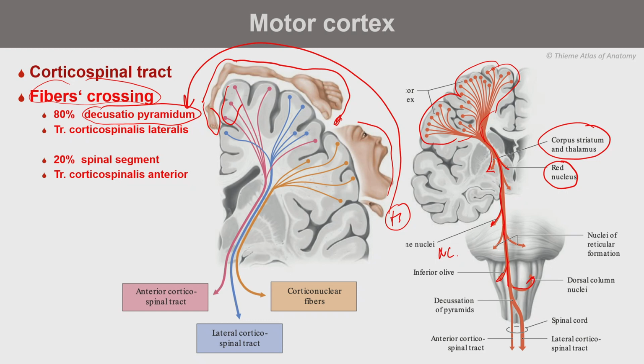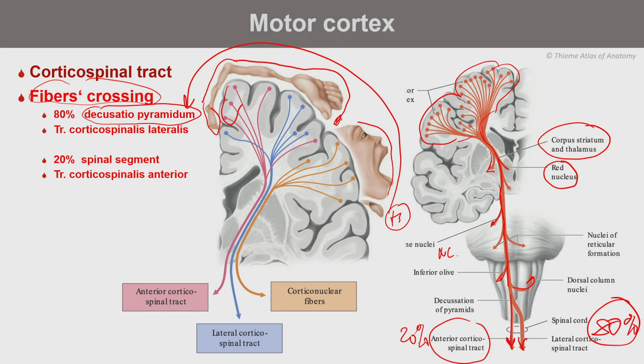The rest, 20%, go on the same side. So then we have a lateral corticospinal tract which contains crossed fibers, 80% of all. And the rest is anterior corticospinal. This is only 20%.